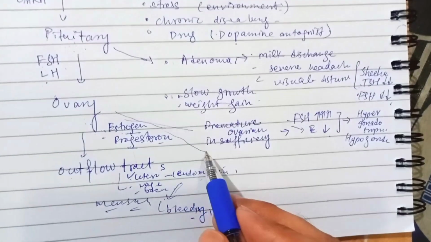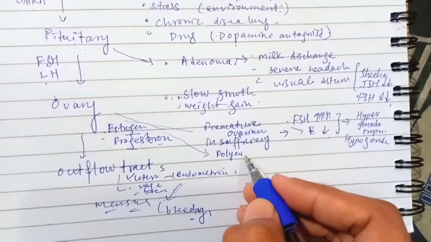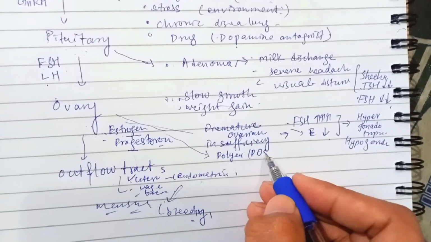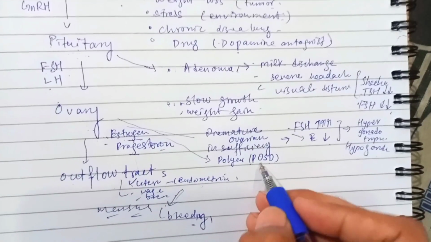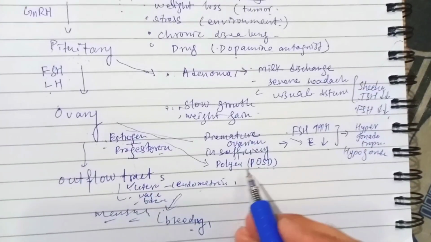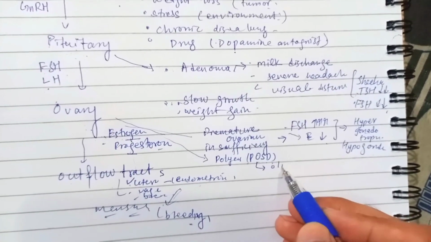Then another ovarian problem is polycystic ovarian disease. The short form is PCOD, polycystic ovarian disease, also called polycystic ovarian syndrome. In this case, there is oligomenorrhea.